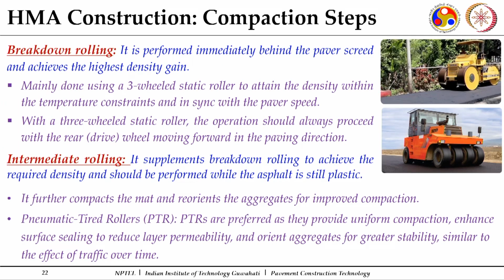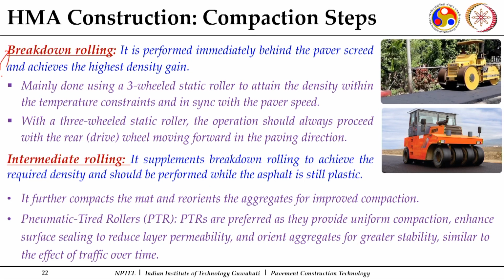So this is important. Now, as I mentioned, with this bituminous mat a good amount of initial compaction is done by your screeds also, vibratory screeds which have heating arrangements and tamping arrangements also. So along with the pressure, heating and vibratory arrangements, it gives some initial densification. Then the first one comes, which is known as breakdown rolling.